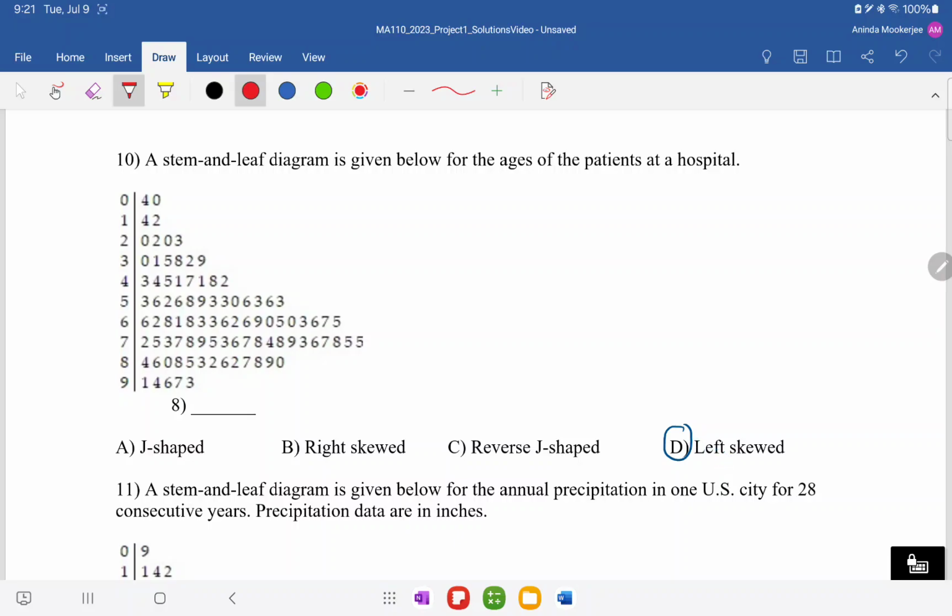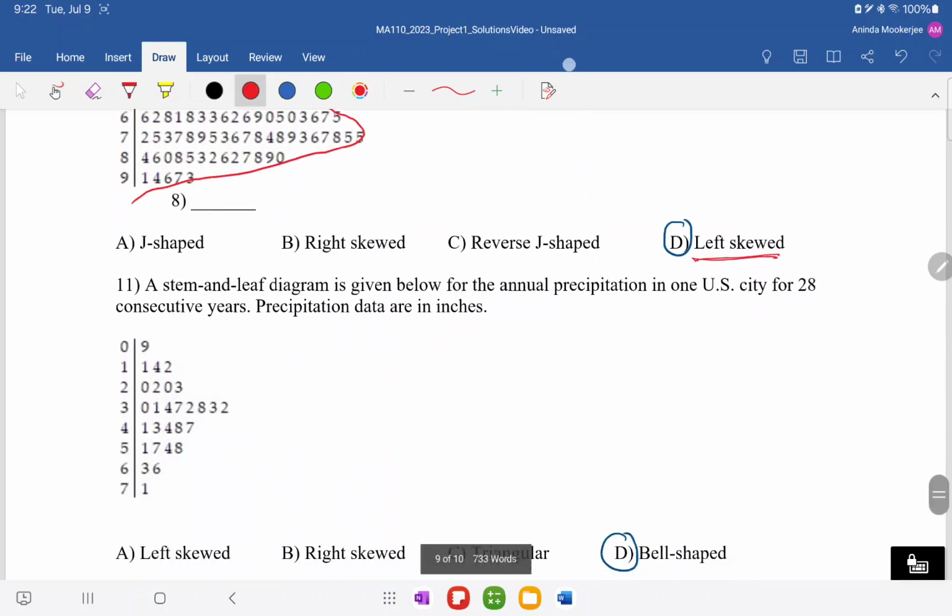The answer is left-skewed. If you impose a curve over the data set, you will see that the peak is to the right, and it has a somewhat long tail to the left, which makes it a left skewed distribution.